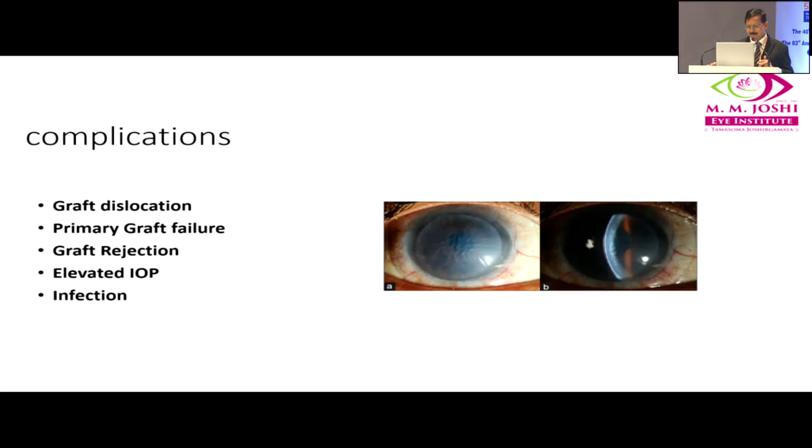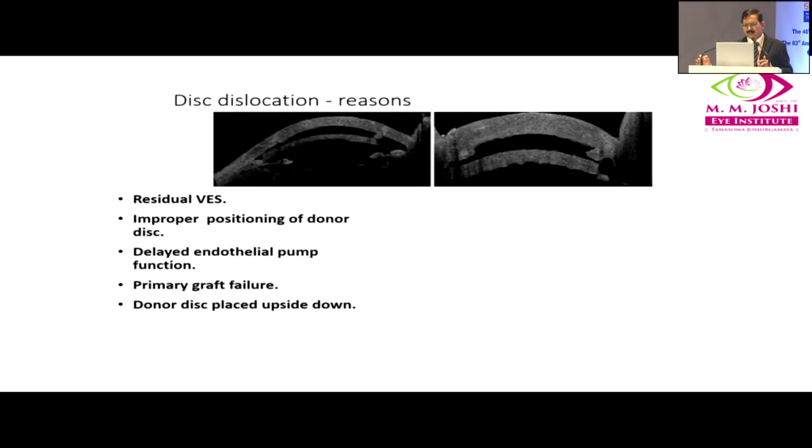And of course, there can be infection like in any other case. The graft can get dislocated for various reasons if you are using any viscoelastic substance. Which viscoelastic is advised? Suppose the patient undergoes cataract surgery along with endothelial keratoplasty, any cohesive viscoelastic substance like sodium hyaluronate can be used so that it comes out very easily.